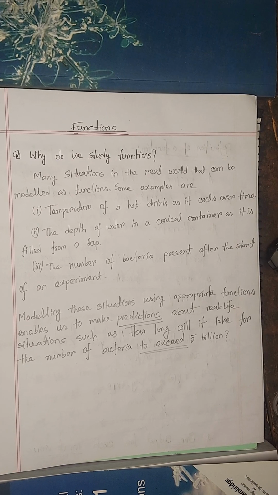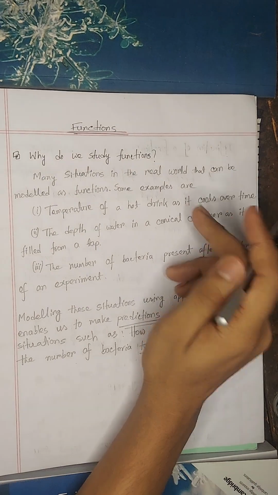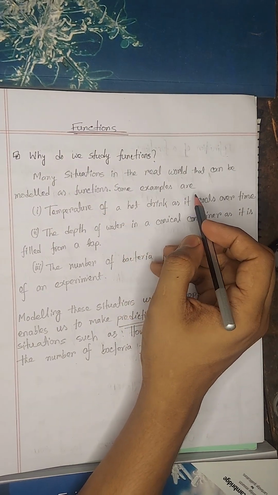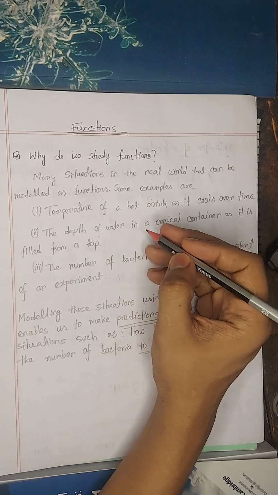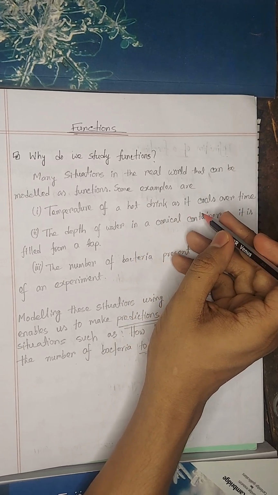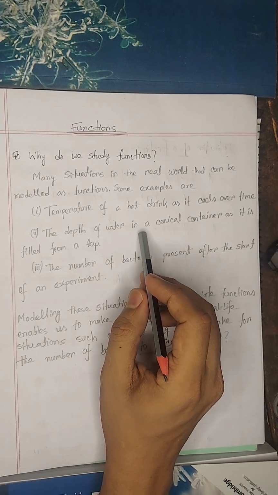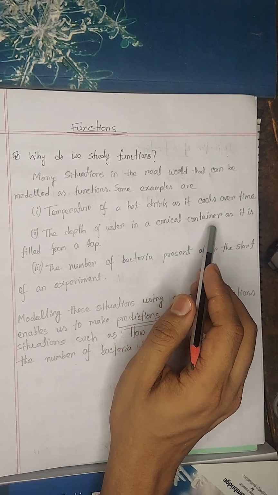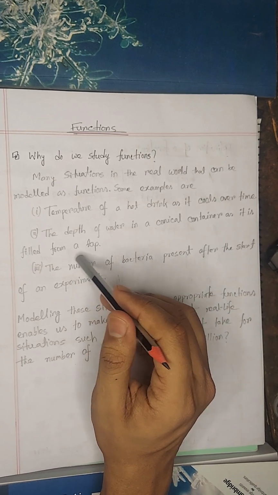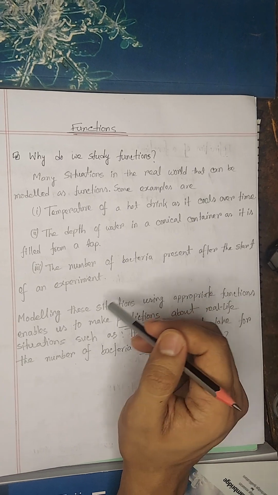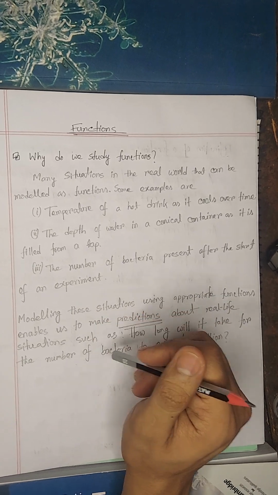First of all, we have to know why we study functions. Many situations in the real world can be modeled as functions. Some examples are the temperature of a hot drink as it cools over time, the depth of water in a conical container as it is filled from a tap, and the number of bacteria present after the start of an experiment.